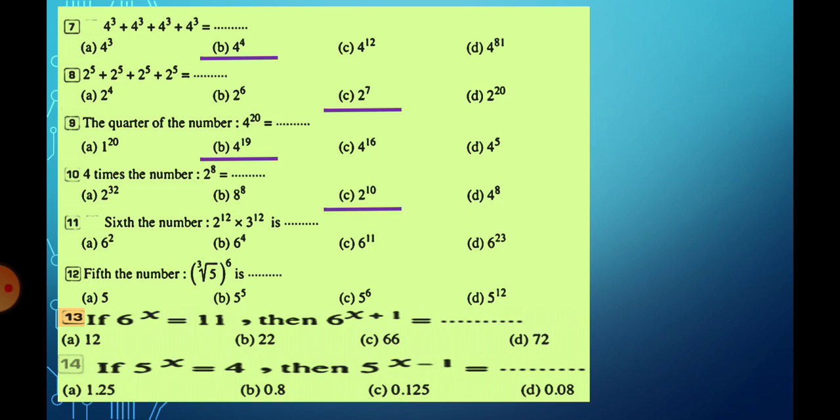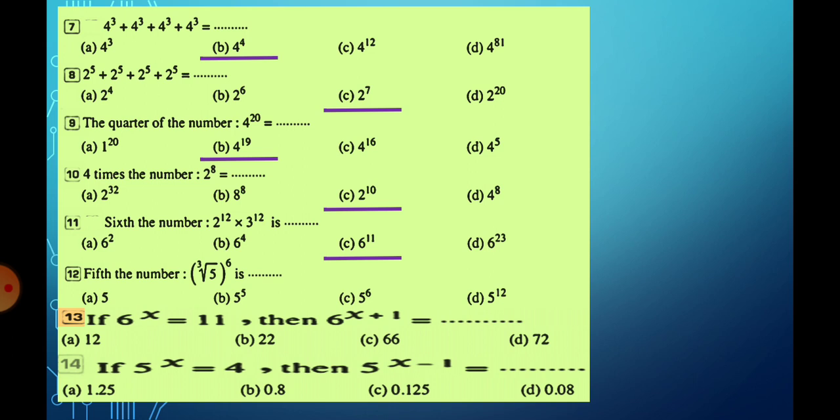The sixth: 2 to the power 12 times 3 to the power 12. 2 and 3 have the same power, so we can write it as 2 times 3, all to the power 12. 2 times 3 equals 6, so this number equals 6 to the power 12. We want to find one sixth of it, which means divided by 6. Then it will be 6 to the power 12 divided by 6, which is 6 to the power 11.